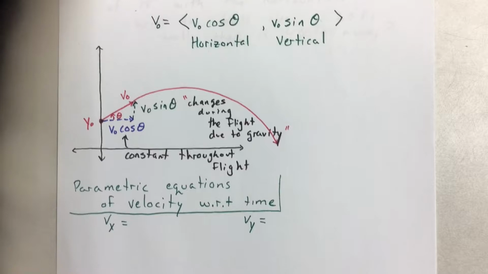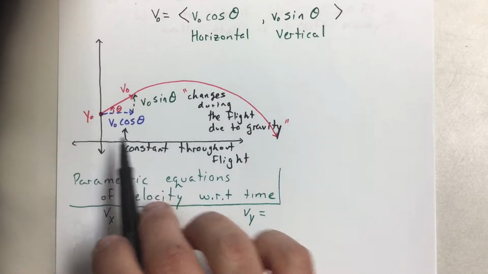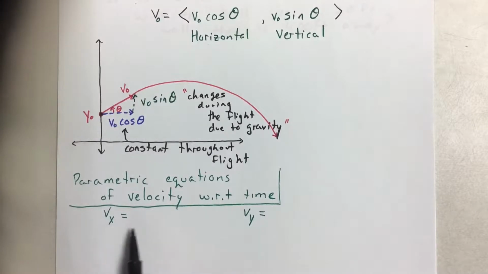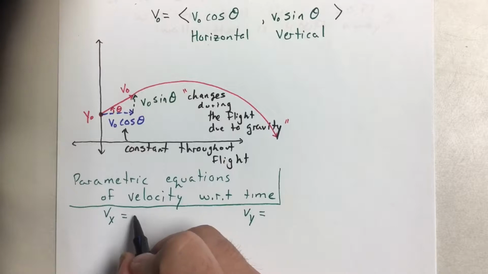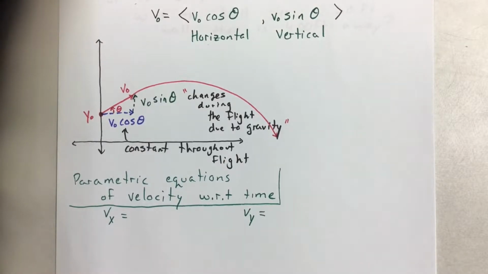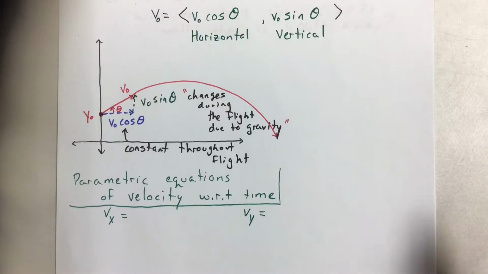Focusing on velocity, if we wanted to talk about the velocity of an object as it's flying: because the velocity is constant in the horizontal direction, the x direction, whatever the velocity is at the beginning in the horizontal direction, it remains that the whole way through.